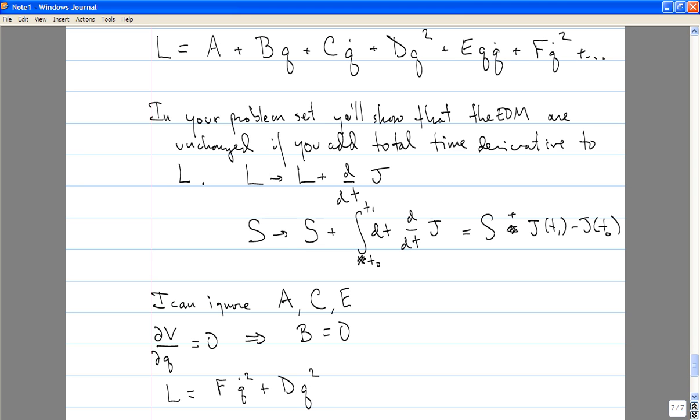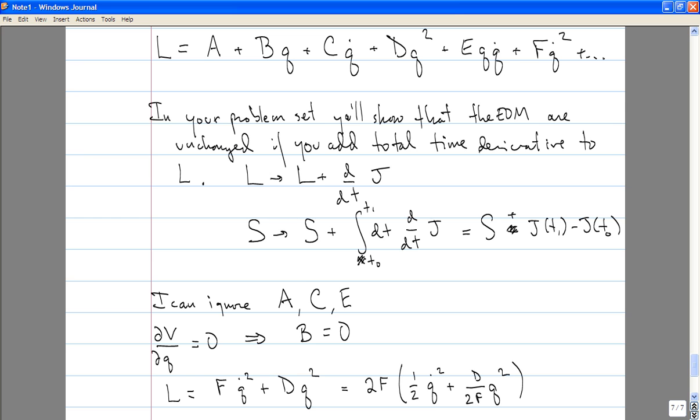Or I could write this as 2f times 1/2 q dot squared plus d over 2f times q squared. And another thing which I believe I asked you to show in the problem set is that the equations of motion are also unchanged if we multiply the Lagrangian by a constant. Does anyone who's looked at the problem set, can you verify that?